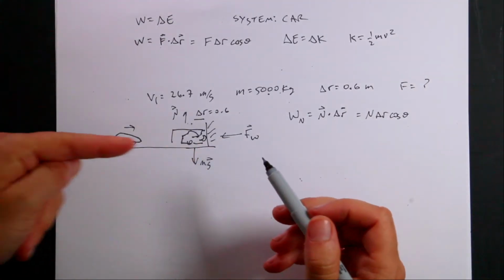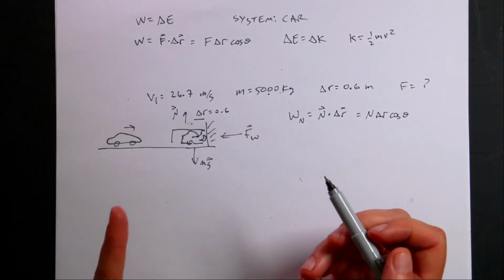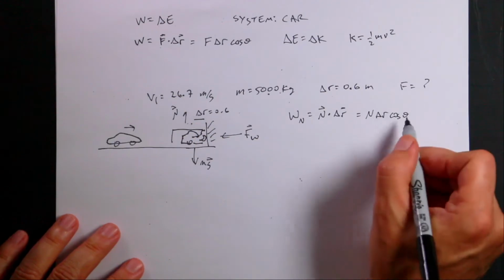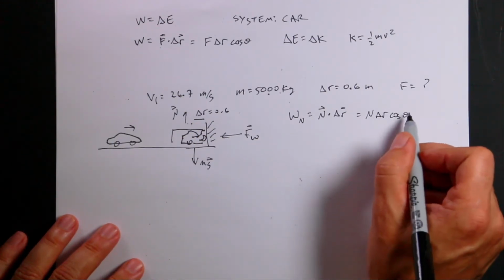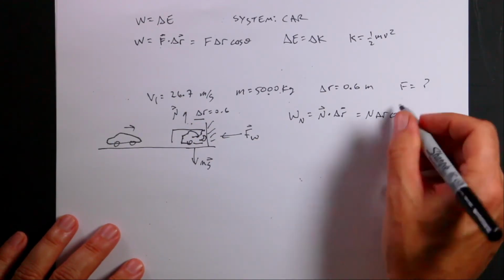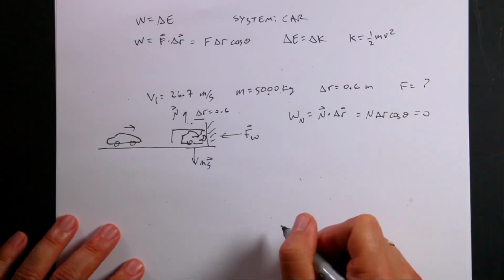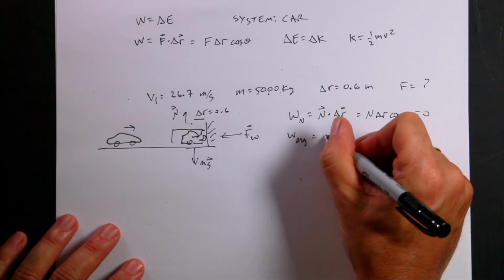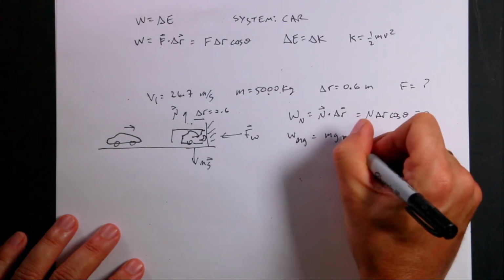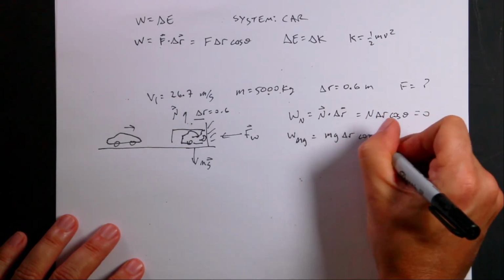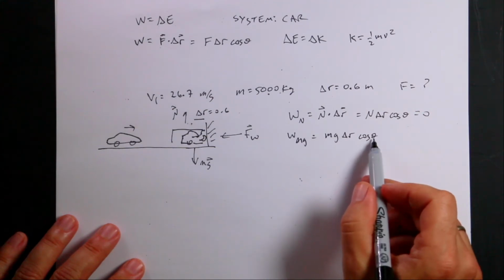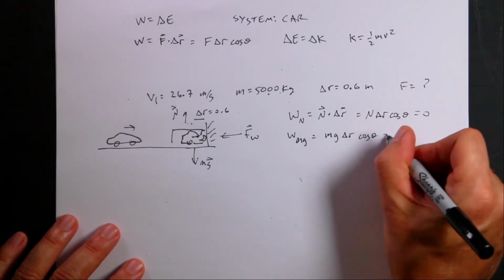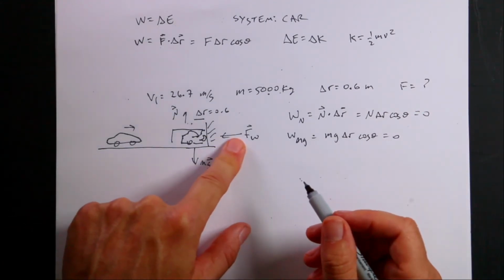But if this is moving that way, and the normal force is that way, then the angle between them is 0. No, I'm sorry, it's 90. And the cosine of 90 is 0. So this is going to be no work. The work done by gravity is going to be mg delta R cosine theta. And this is the theta between gravity and the displacement. Again, that's 90 degrees, so it's 0. So that means the only work I have is this one.